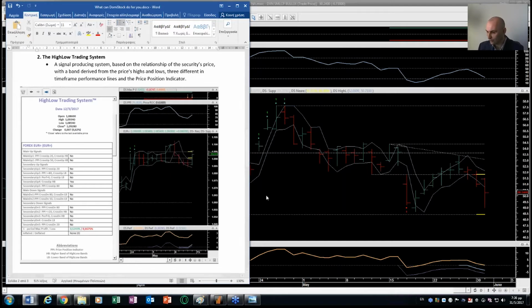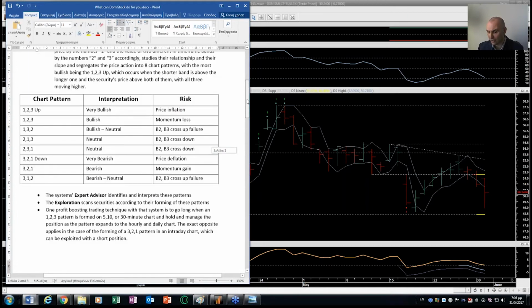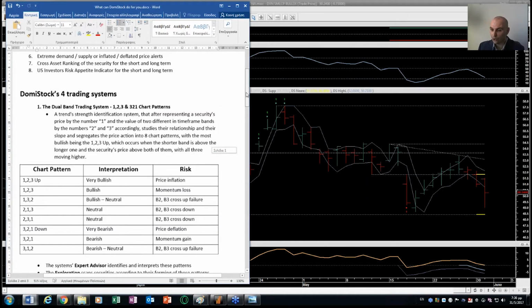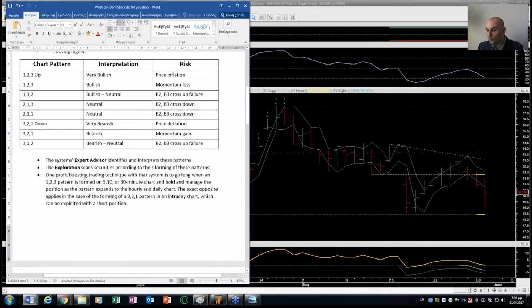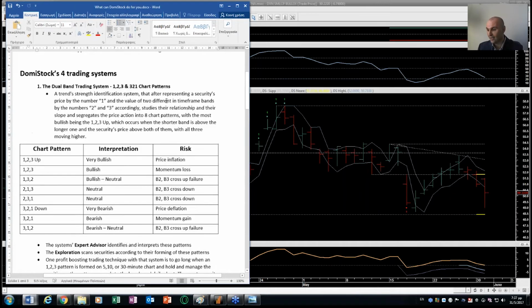The first one, I know I'm jumping from one thing to the other, but that makes it more interesting. The first one is the dual band trading system, and I'm going to show you a trade I made yesterday in the euro, and I'm going to explain exactly how I did it. This is a profit boosting trading technique. It's going to really help you a lot, and it's a very easy system.